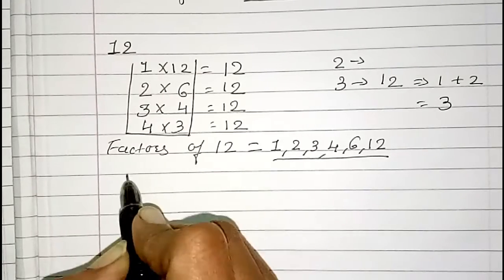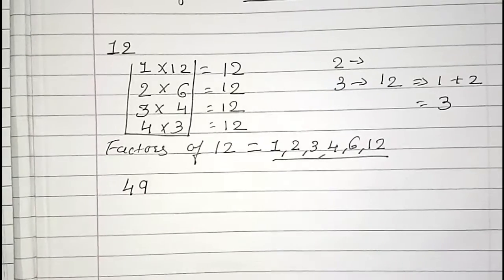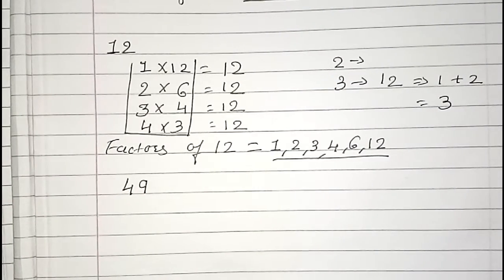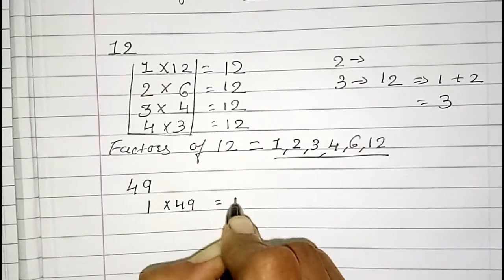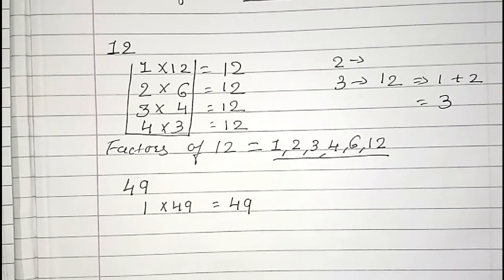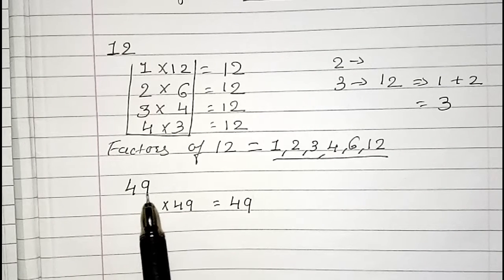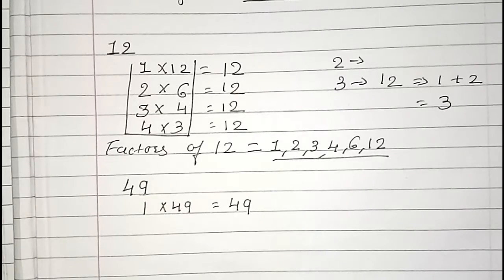Let's find the factors of 49. 1, 49s are 49. 1 is a factor of every number. Now the divisibility test of 2. Is the last place, the ones place, an even number or odd?